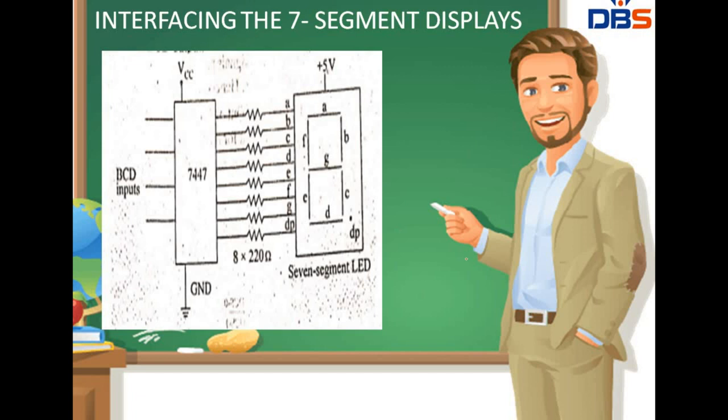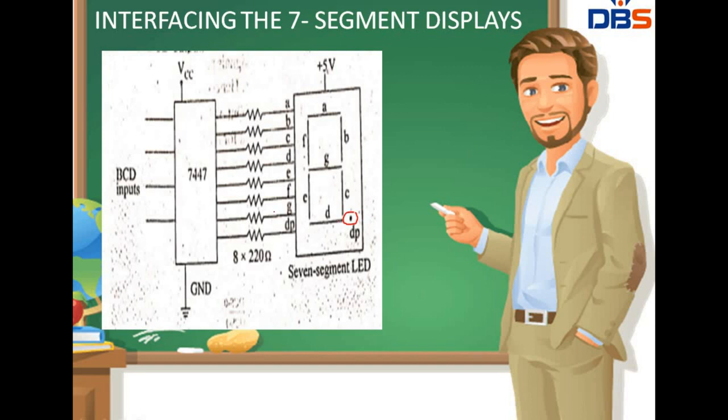A 7-segment display contains 7 LEDs, A, B, C, D, E, F, G. Okay, A to G. And here we have another LED called DP, that is the decimal point.